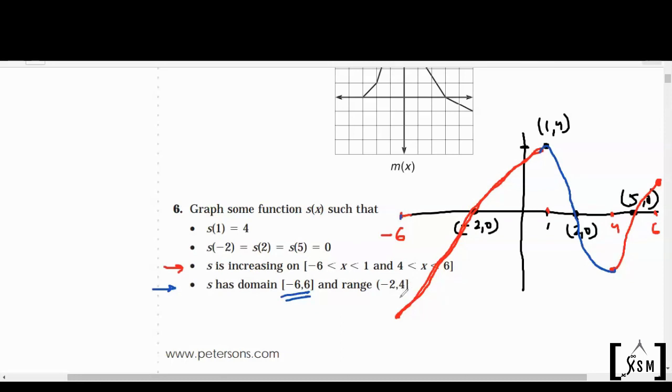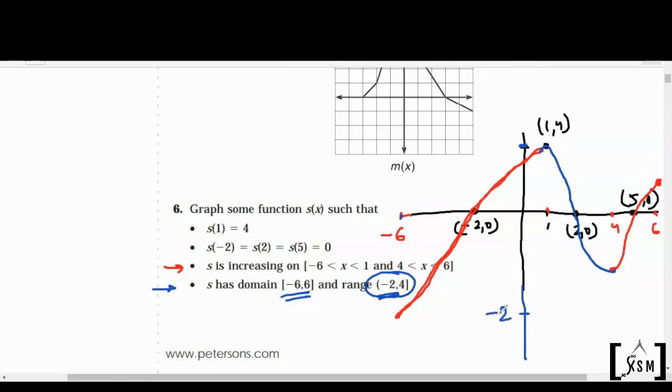And the range is from minus 2 to 4. So yes, we have to be careful about the highest value is 4 anyway, not a worry. The lowest value should not be less than negative 2. So yes, let's define this point as negative 2.